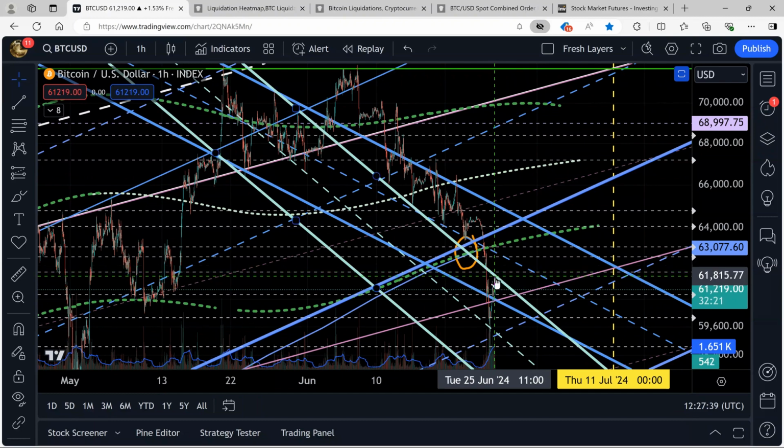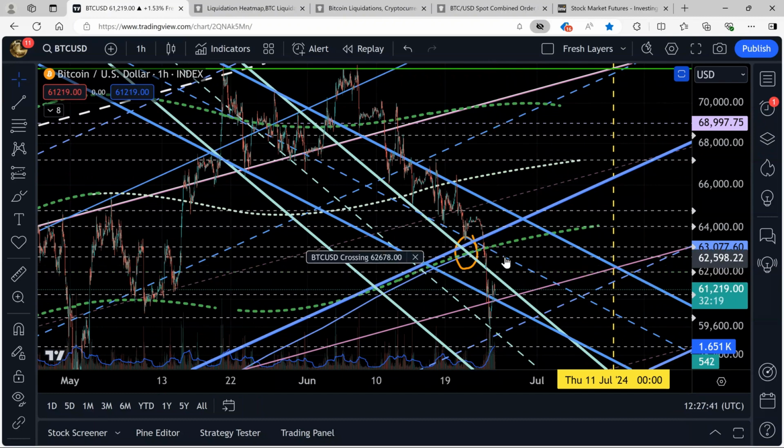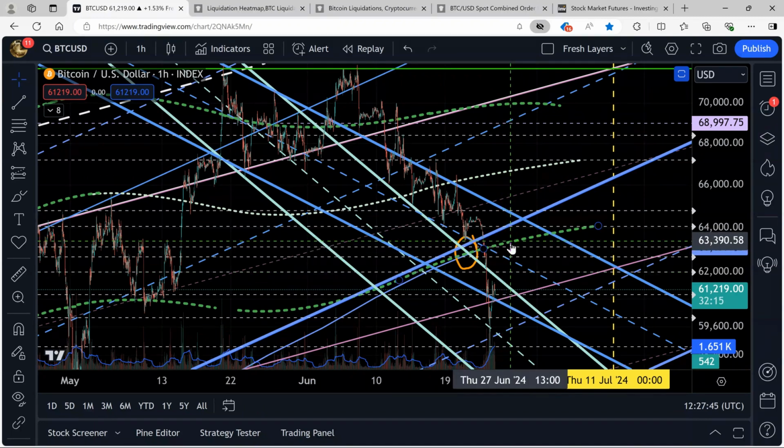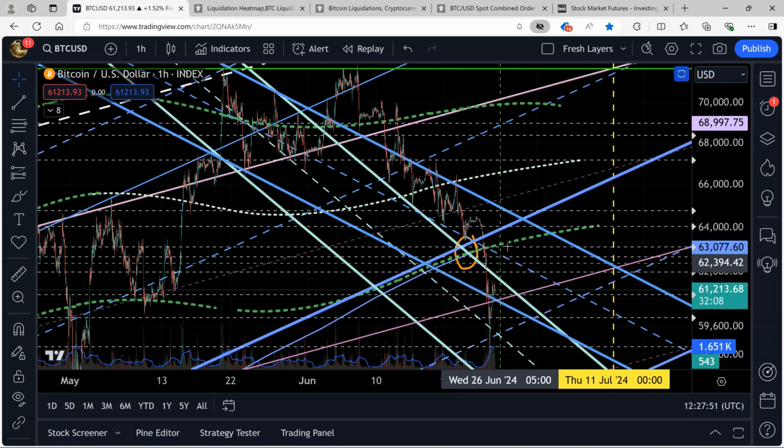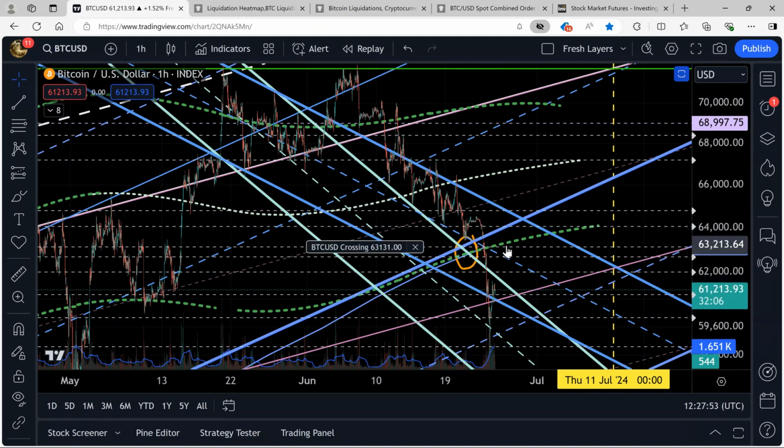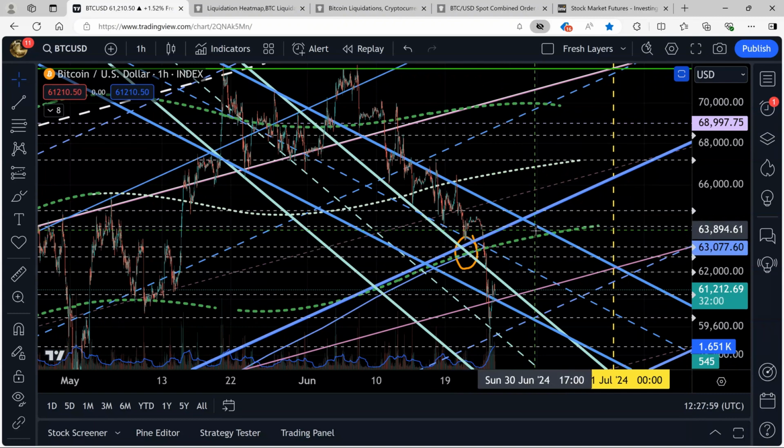We should break this resistance here and be able to get back up into the Gaussian channel. That's what we need to do. We should be heading back up into there, and I believe that we will do that.